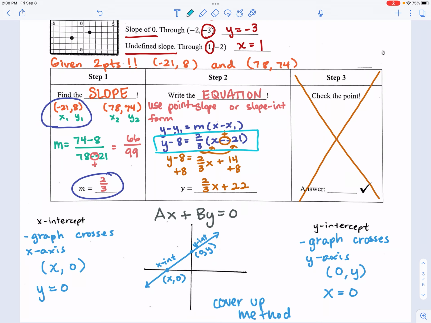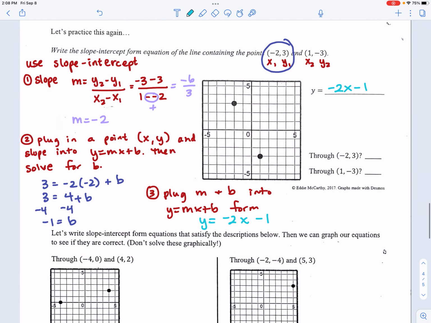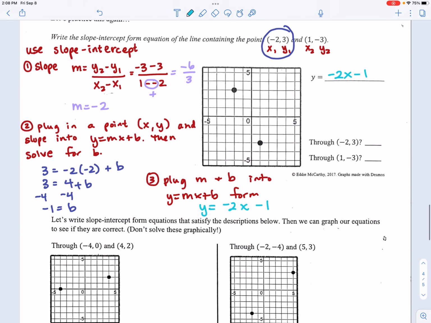You're done. It doesn't care about your slope-intercept form. If it doesn't specify to put it in slope-intercept form, you can leave it as point-slope form, which makes it a lot easier when you're putting in your answer. If it says it has to be in slope-intercept form, then of course, use either way. Solve for y over here. On this one, solve for your y-intercept, and then rewrite it.